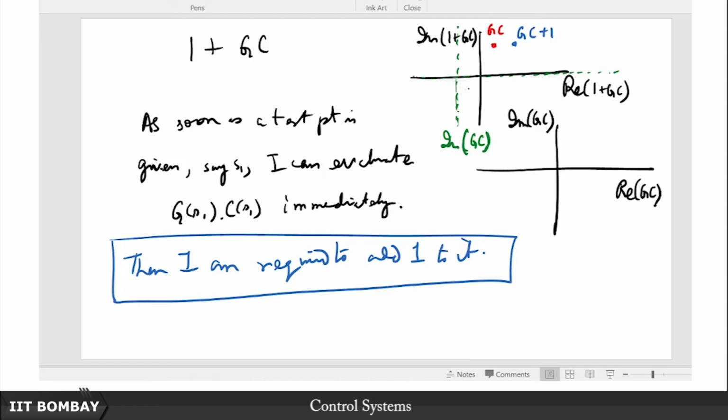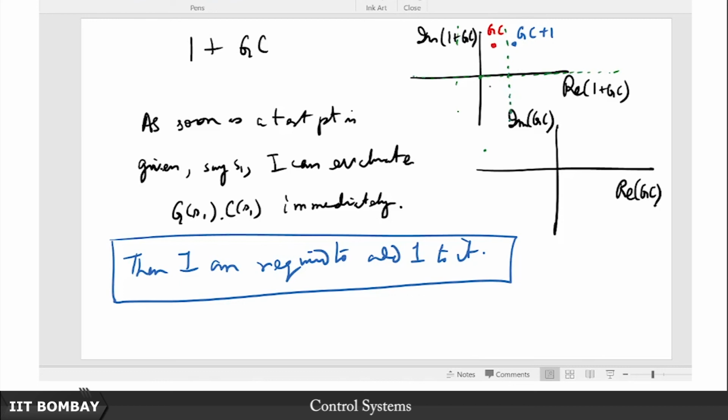So essentially what I am saying is that instead of looking at this origin here, sorry, I drew that incorrectly. If I want to draw this on the GC plane, I would basically have this here, somewhere here.